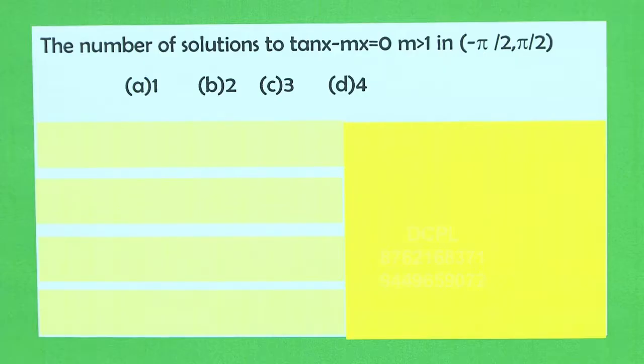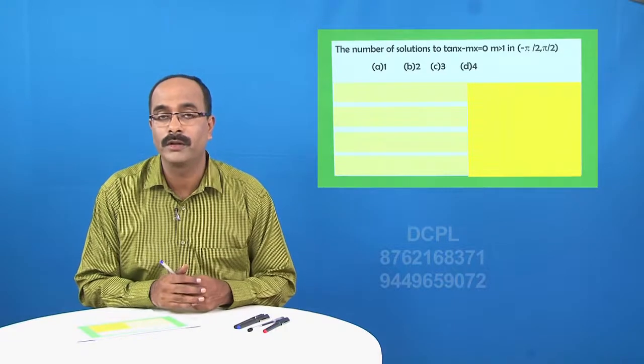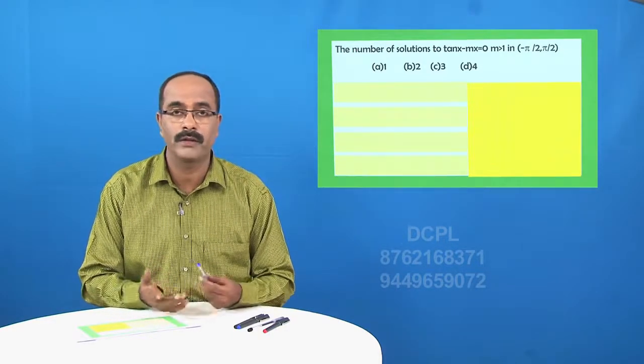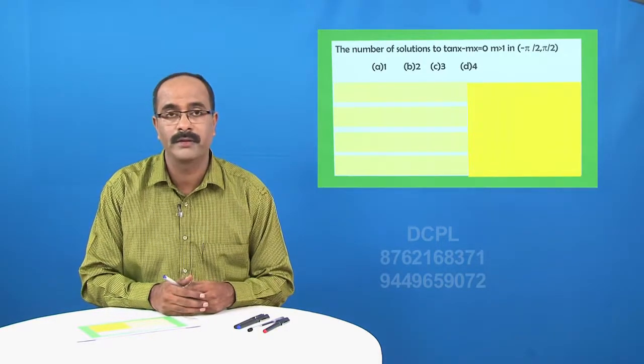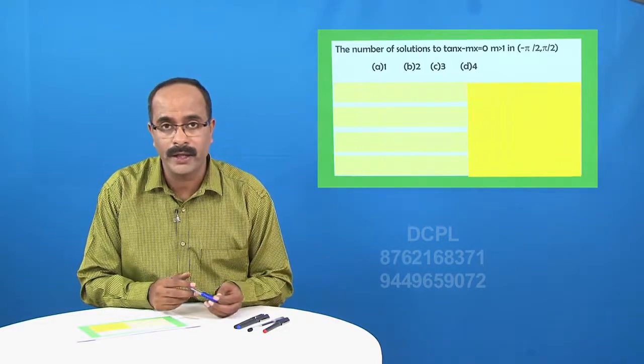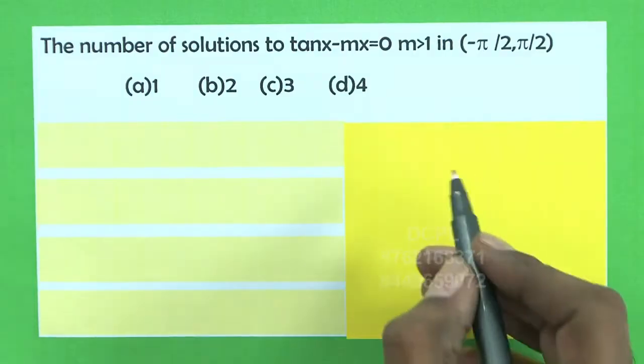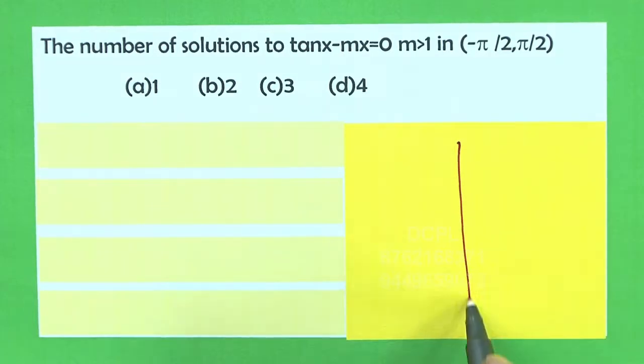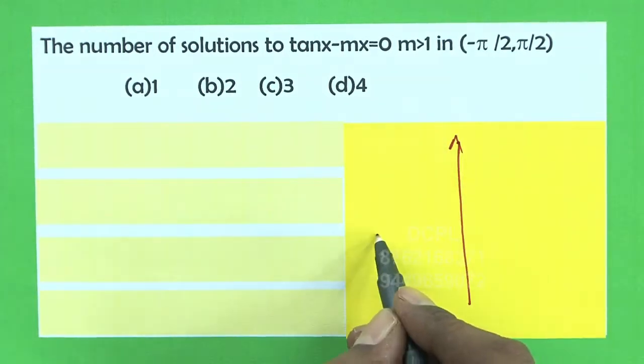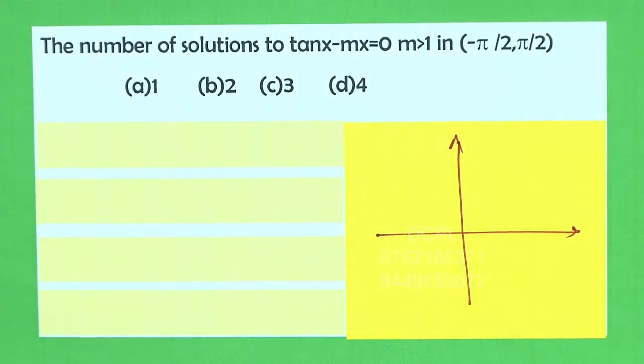Next question is, the number of solutions to tan x is equal to mx if m is greater than 1. Dear students, first you should know the graph of y is equal to mx, and when m is greater than 1, what happens? This is y axis and x axis, right?